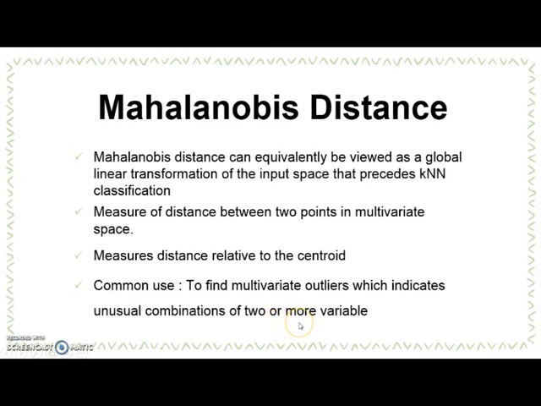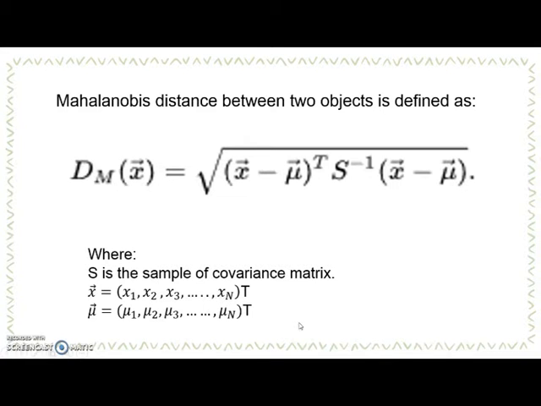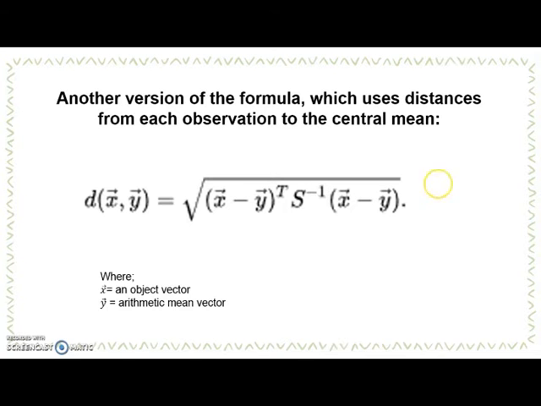Mahalanobis distance is a distance between two objects, and it is defined by this formula, where S is the sample covariance matrix, X is the observation, and the mean is the mean of the observations.